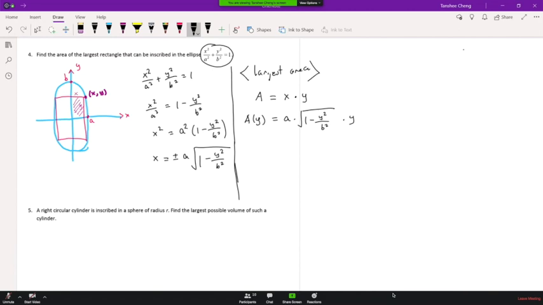With the critical numbers, we will need to justify whether each critical number is a minimum or maximum by using the first or second derivative test. For this problem, I'm going to still use the first derivative test to show you how tedious the work can be. And after that, we can conclude what the largest area is. So let's try that.